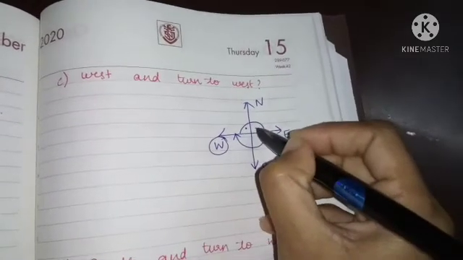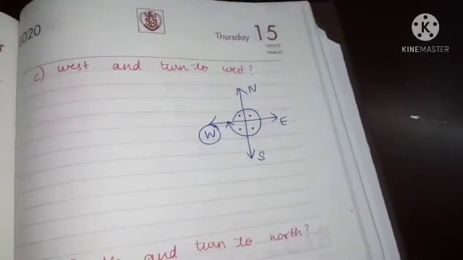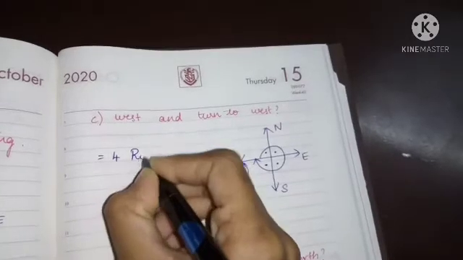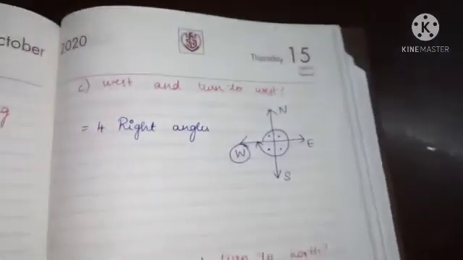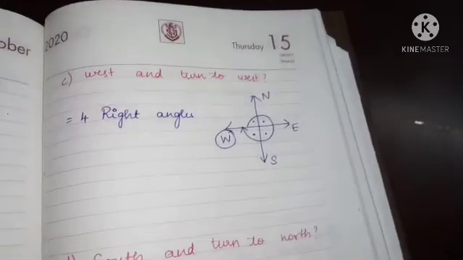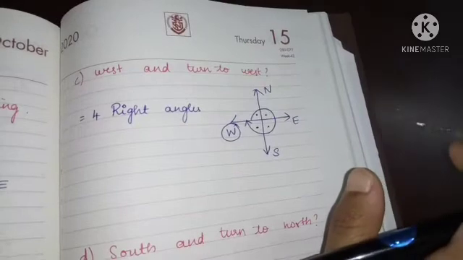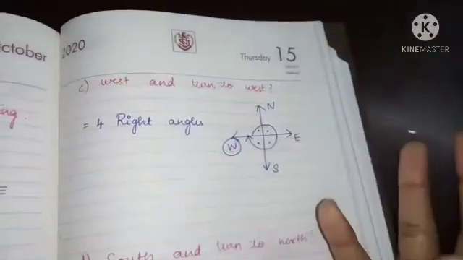So, 1, 2, 3, 4. How many right angles are you facing? 4 right angles. You can either turn in clockwise or in anti-clockwise direction, because however you are starting from west and ending in west.